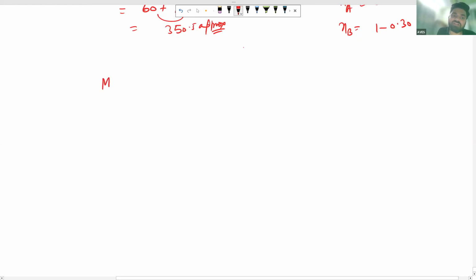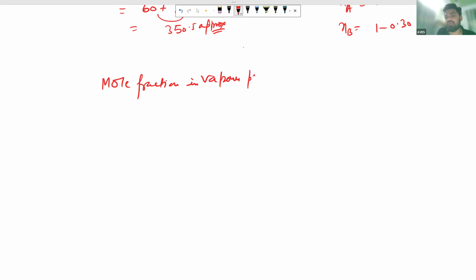So the mole fraction in the vapor phase will be equal to P naught divided by P total.